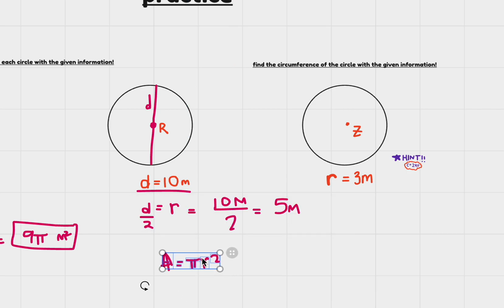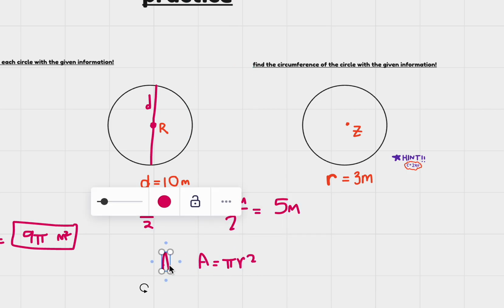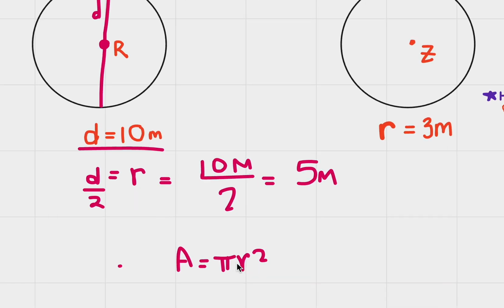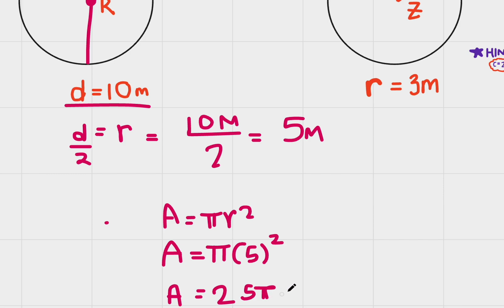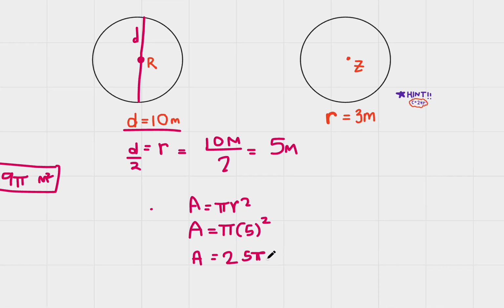Make sure you plug in that 5 for r, so A is equal to pi times 5 squared, so A will be 25 pi meters squared.